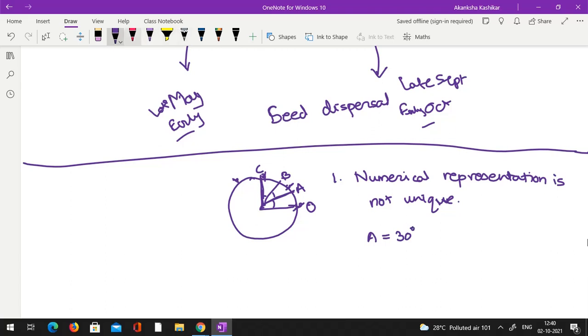But people from other fields, for example geography or geology, generally consider this as the 0 direction and they measure clockwise. So for them, A would actually be 60 degrees. Depending on the field you are in, your value is going to change. Ideally, both parties are talking about the same point, but the values are different. This causes problems, especially if you use your usual methods.